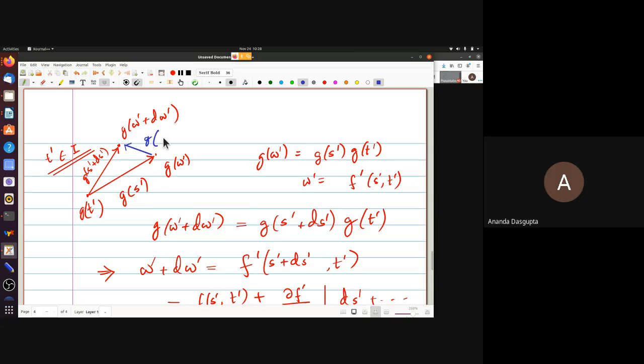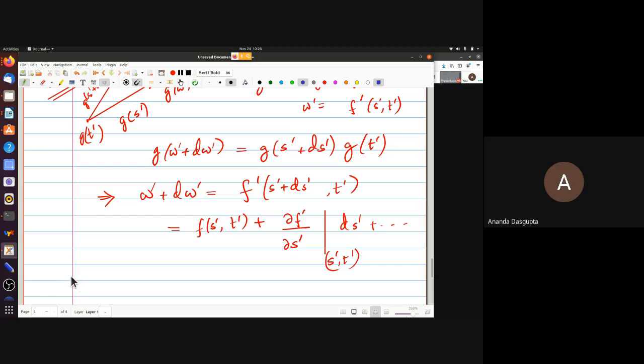That's what small means here. Some delta S prime, but delta S prime, of course, should depend on what dS prime is. So what you are saying here should also be equal to g of delta S prime times g of W prime.